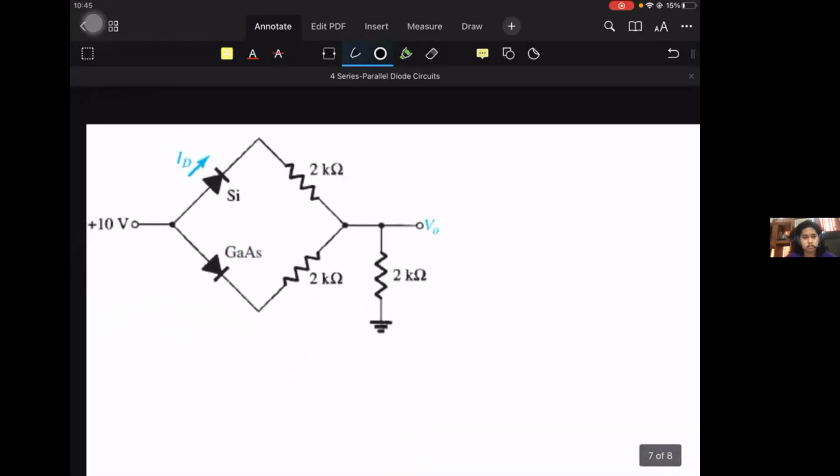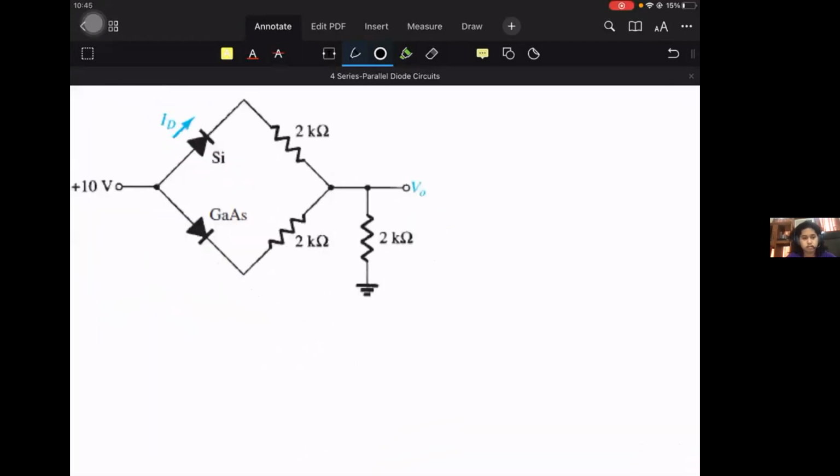Okay, about this one. Earlier, in the first circuit, we determined that only one of the two diodes will turn on.